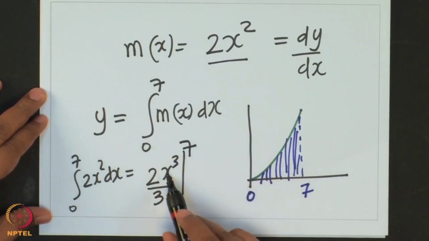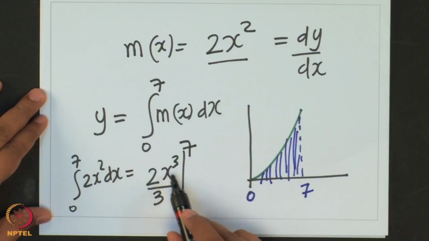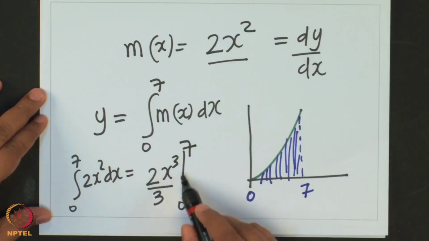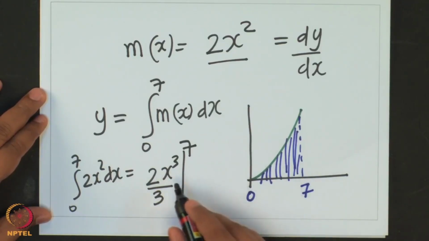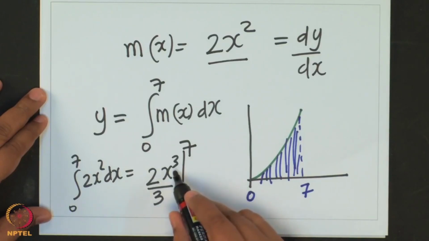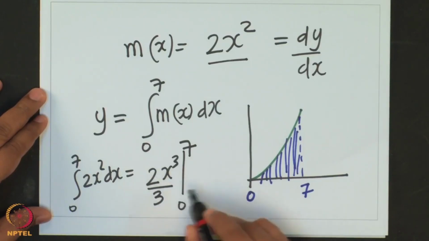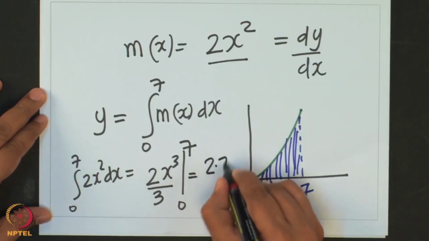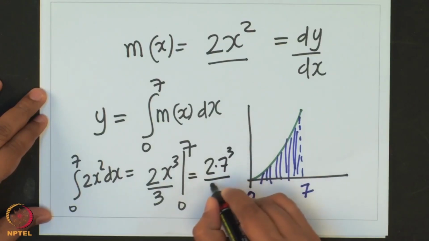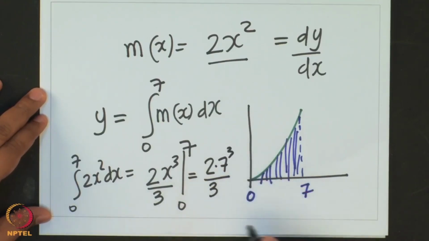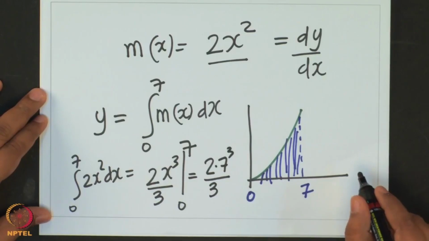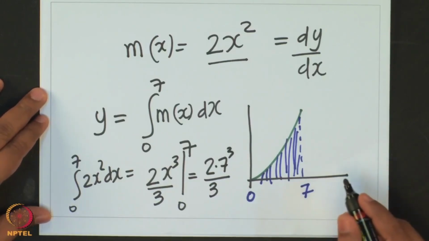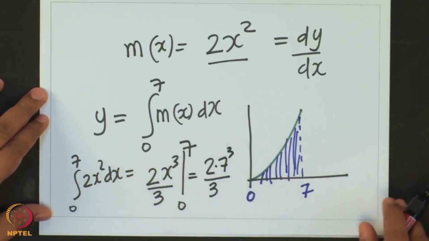Wherever there is x, first you substitute 7, minus wherever there is x you substitute 0, and that would give you the answer 2 times 7 cubed divided by 3 minus 0, which is 2 times 7 cubed divided by 3. This will be the answer for this particular integral.